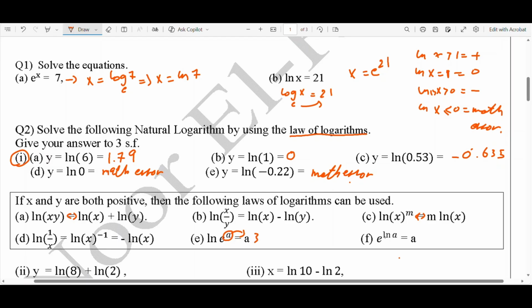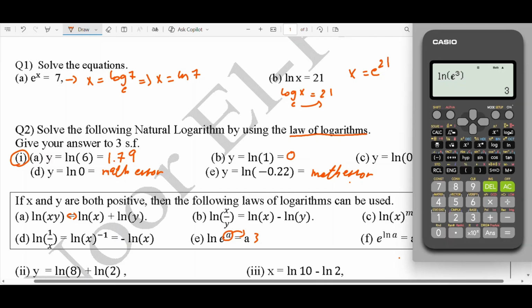Same as e to the power ln a. Let's check. Shift e, ln, for example, 5, the answer will be 5. So in other words, ln cancels e and e cancels ln.